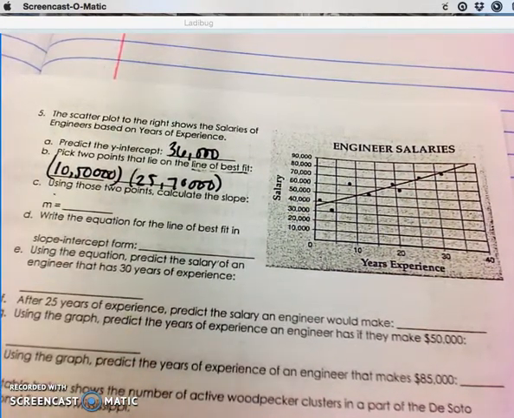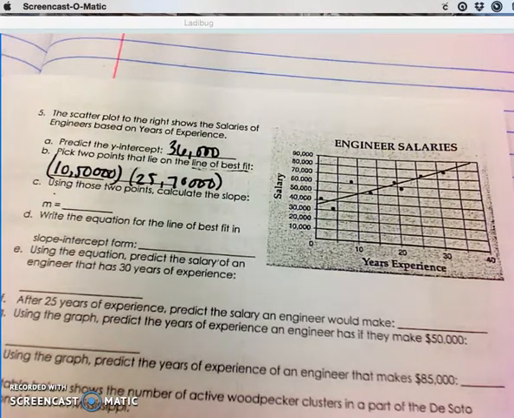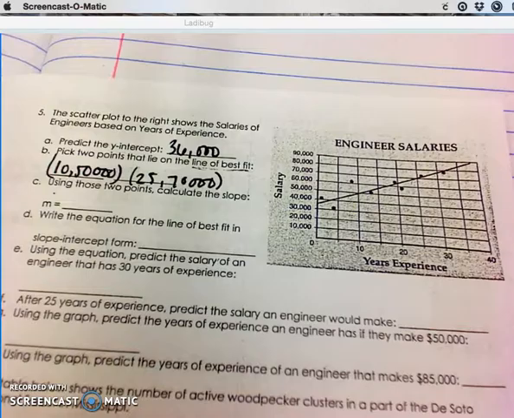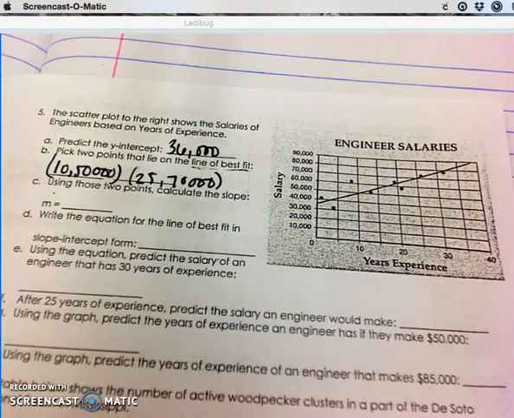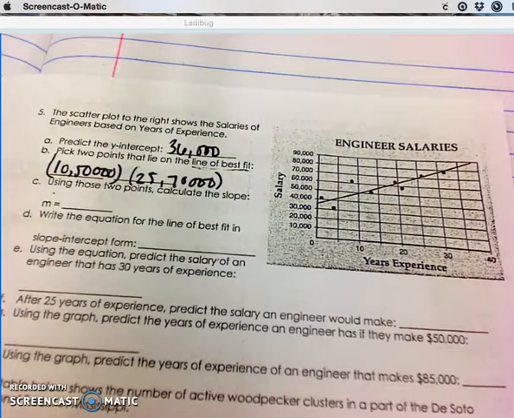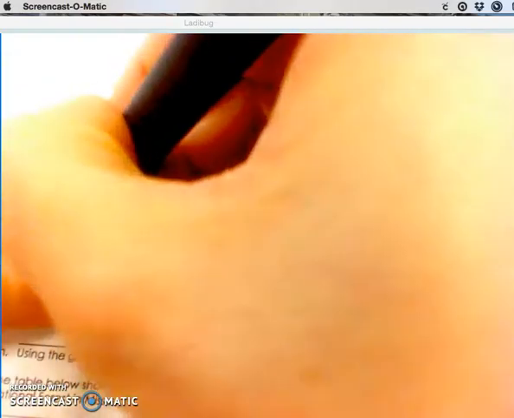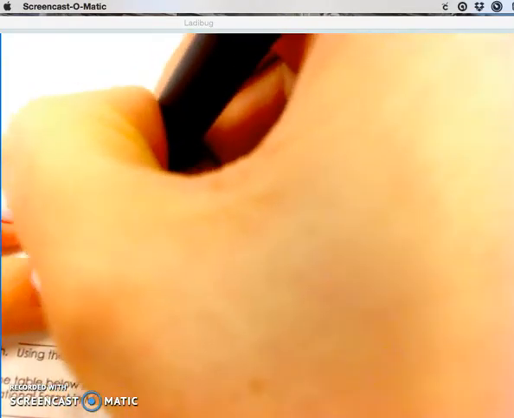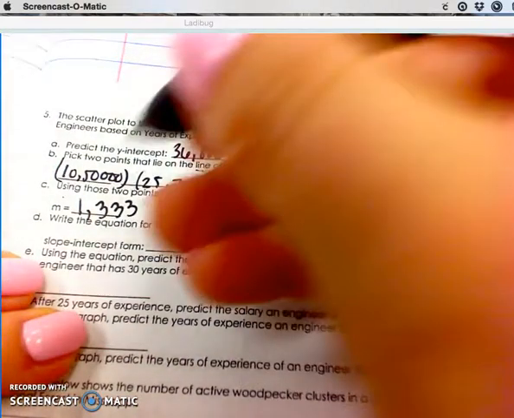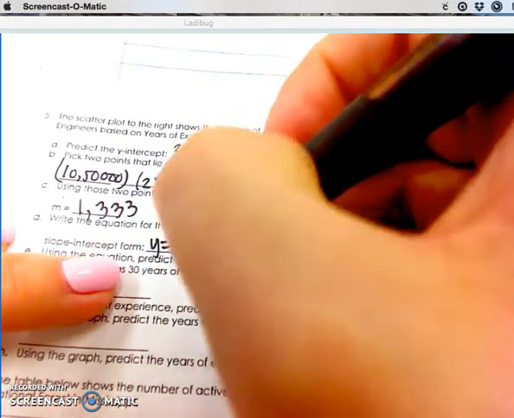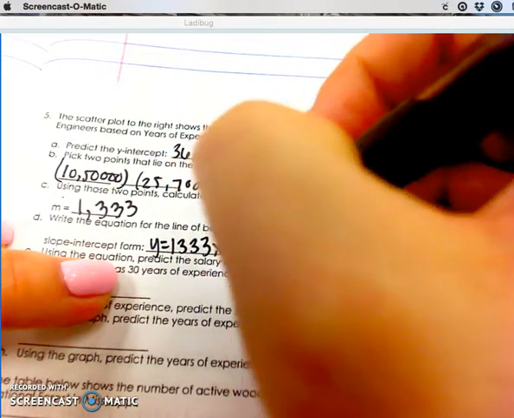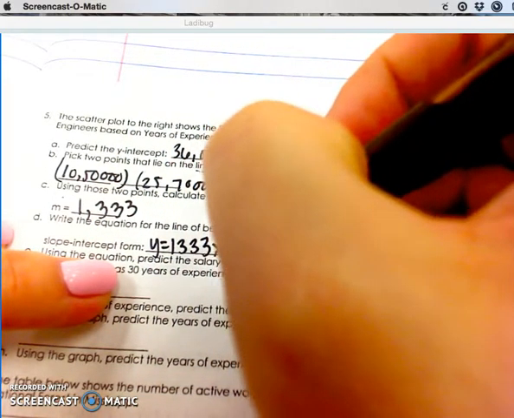Calculating slope given those points, I'm doing it in the calculator. You can do it also by hand using the slope formula. It's about 1,333. So the line of best fit in slope-intercept form, y equals 1333x, and then plus 36,000, according to that graph that we looked at.